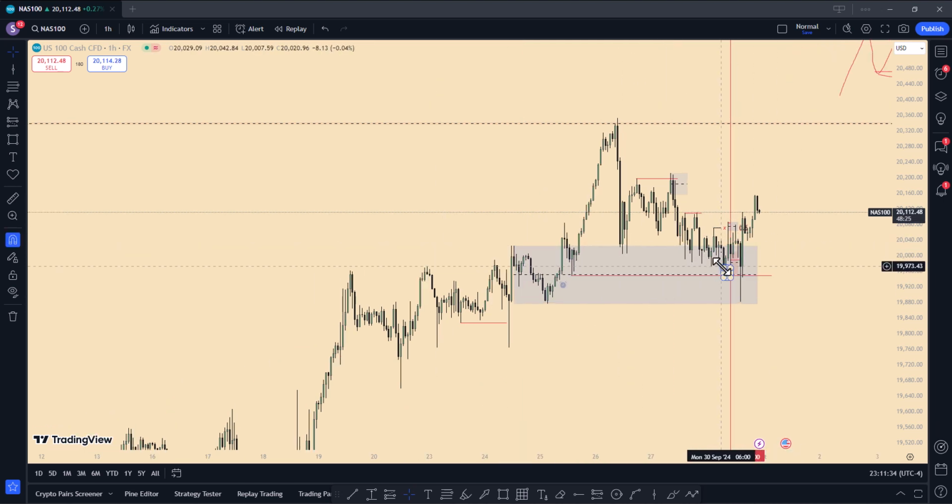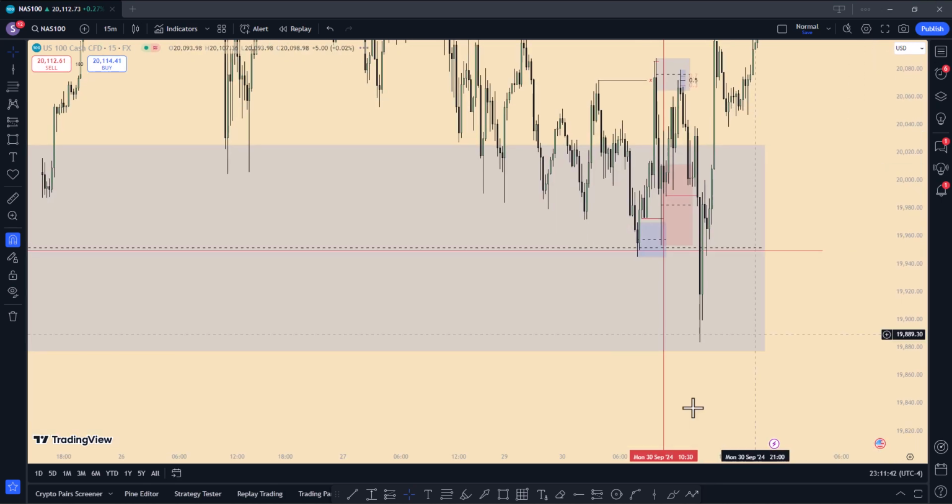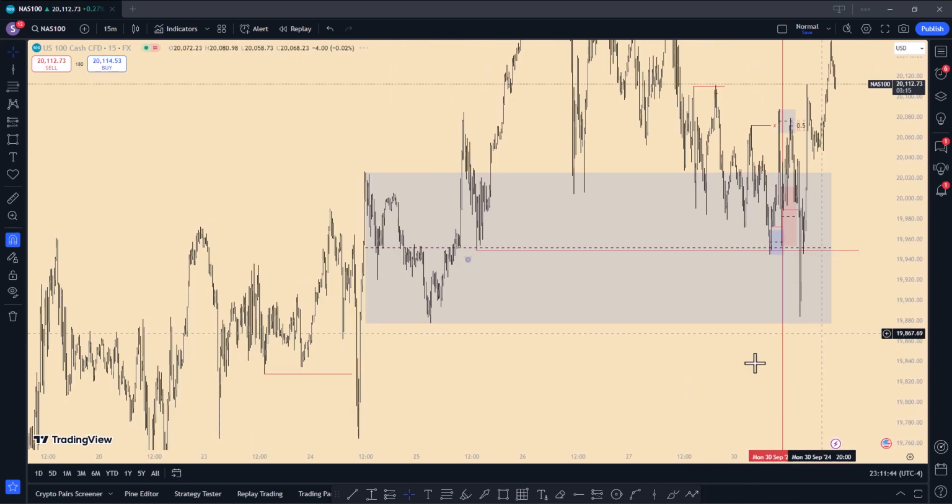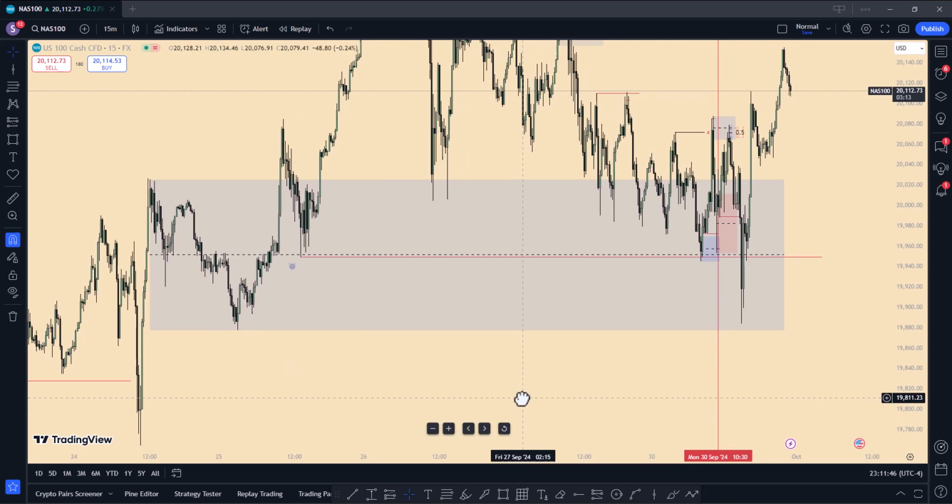So let's start from this low that has been taken at 7 a.m., right? If we go to the 15-minute time frame, this low can be seen on a lot of time frames above us, on the 15, on the 30-minute, even on the 1 hour, right?